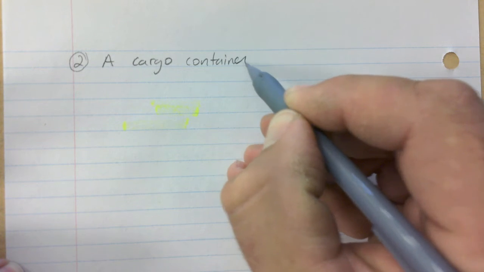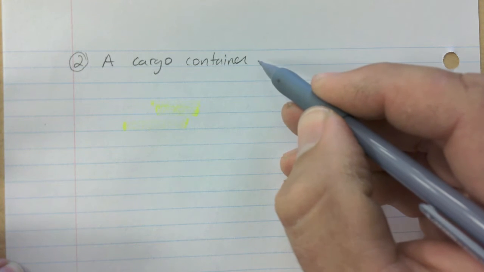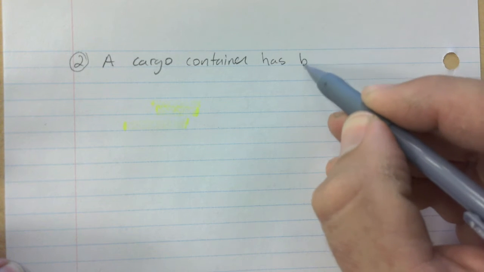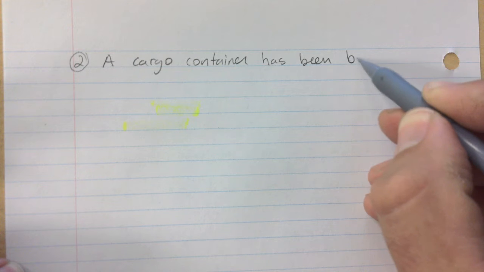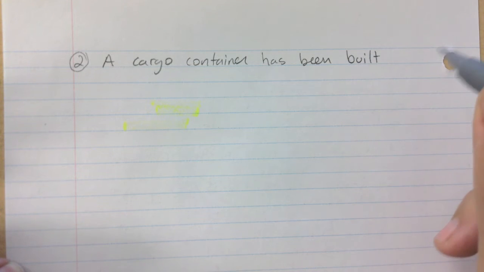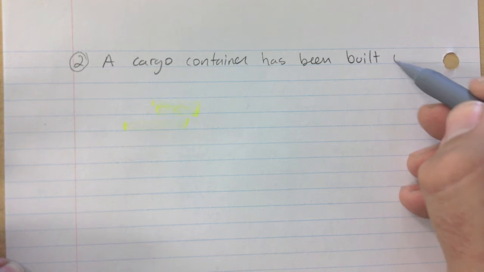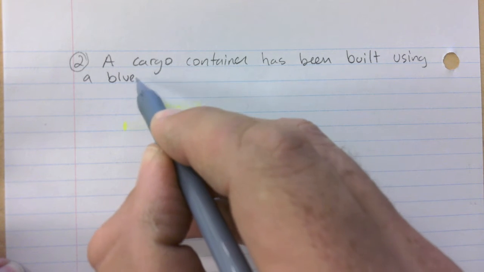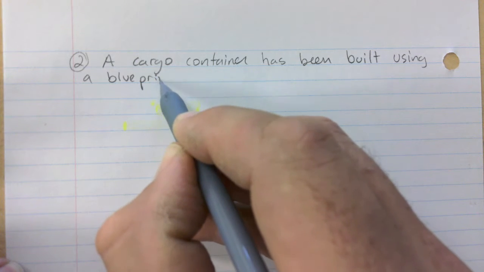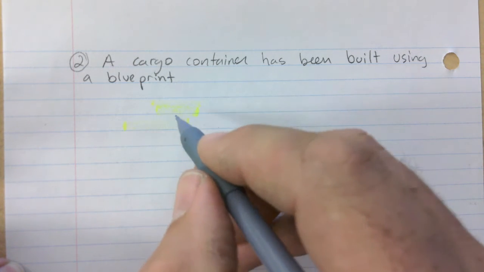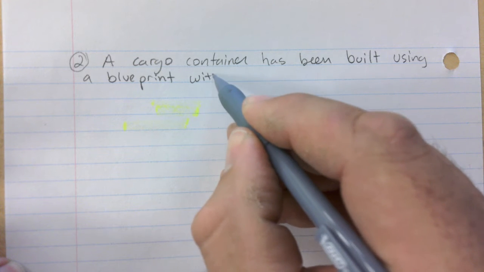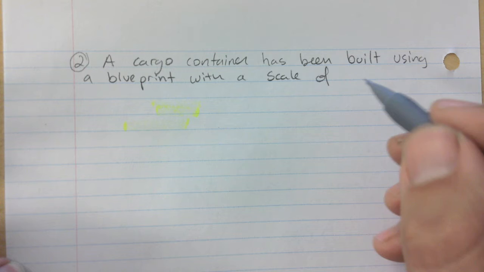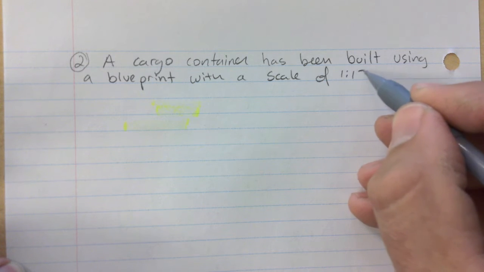A cargo container has been built using a blueprint with a scale of 1 to 15.